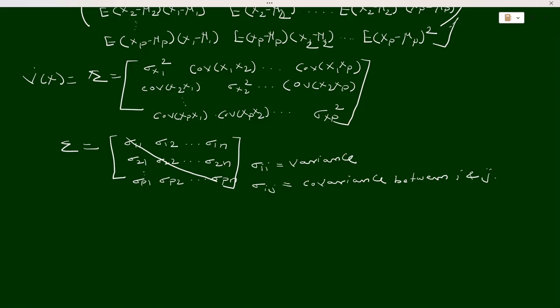So now we can see the basic properties of the variance covariance matrix.